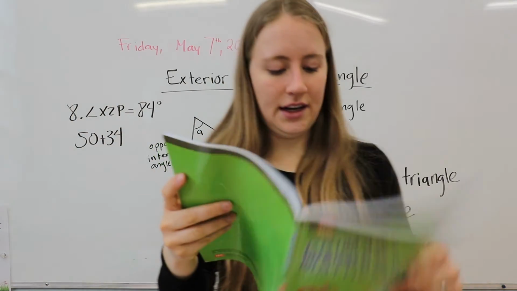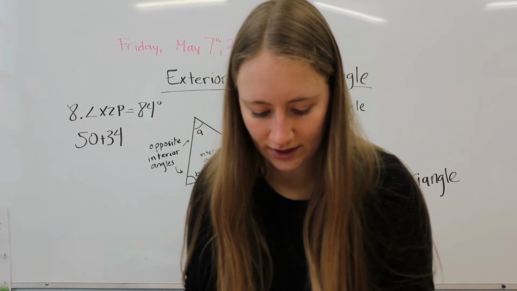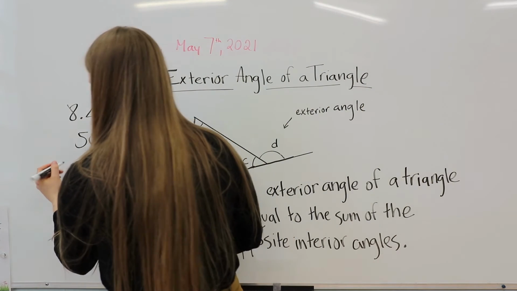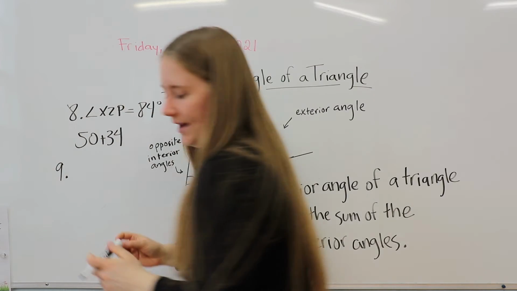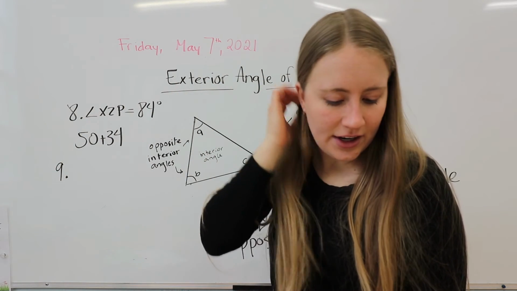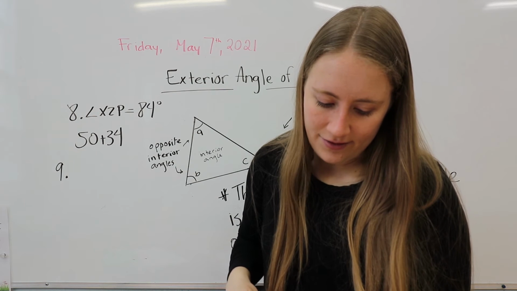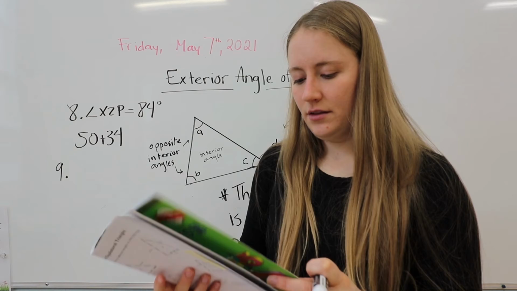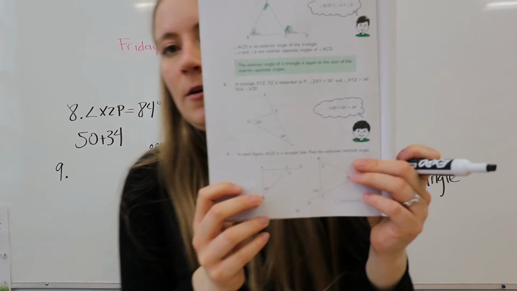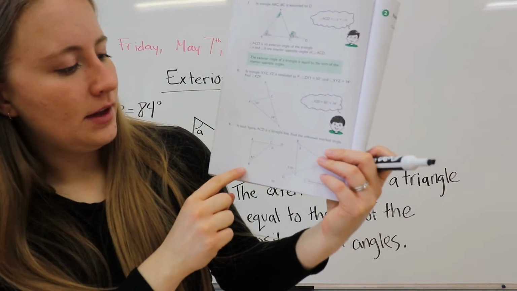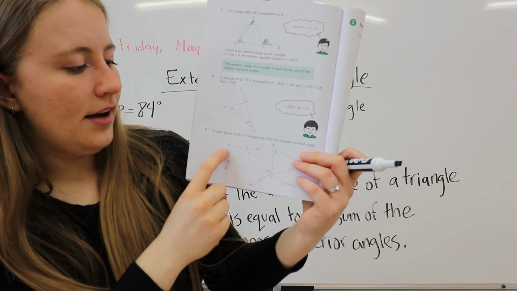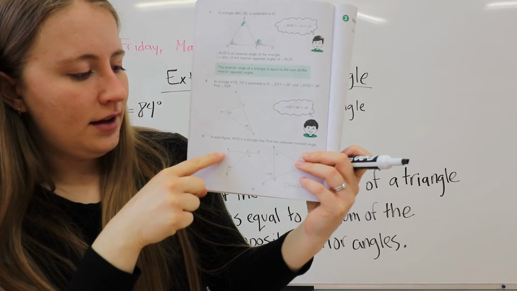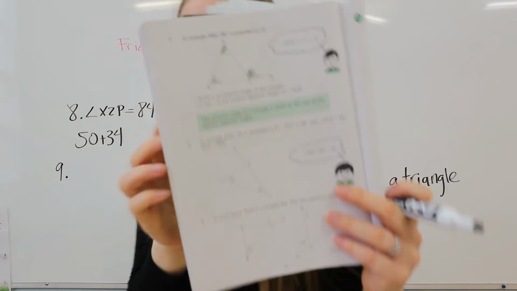Okay, so let's look at a couple more examples. Okay, so let's look in number 9. Okay, number 9 says, in each figure ACD is a straight line. Find the unknown marked angle. Okay, so the first one, we see that they've given us the angle of ABC, which is 43 degrees, and CAB is a right angle.